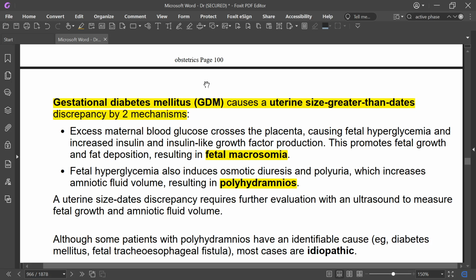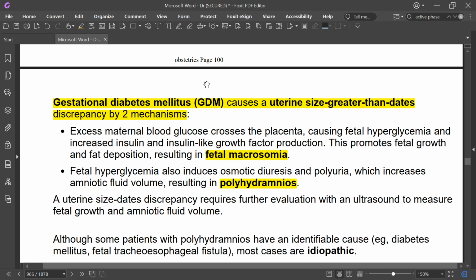So why does macrosomia happen? Excess maternal blood glucose can cross the placenta, causing fetal hyperglycemia, which produces increased insulin-like growth factor.